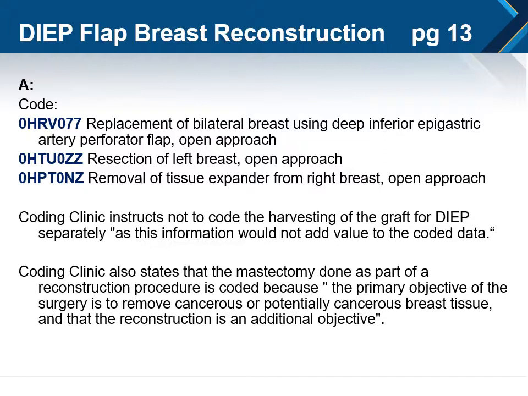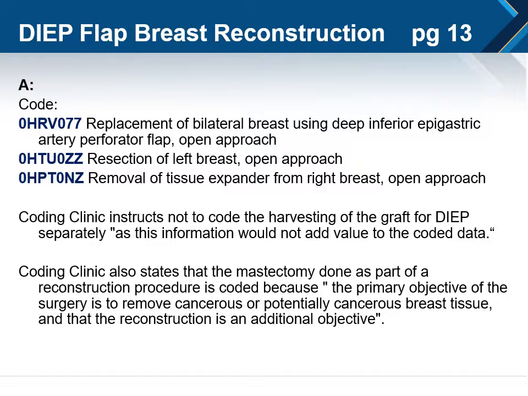Coding Clinic has drawn a lot of attention with two specific bits of explanation that go along with these code recommendations. The first is that Coding Clinic instructs not to code the harvesting of the graft for the DIEP separately, as this information would not add value to the coded data.